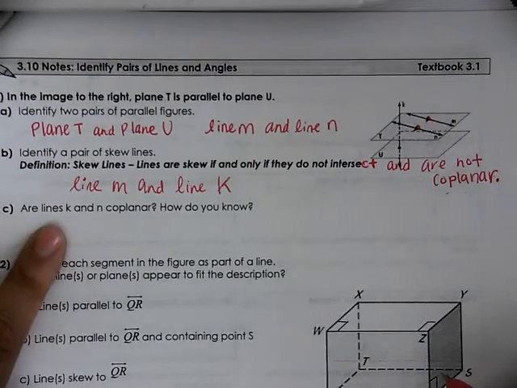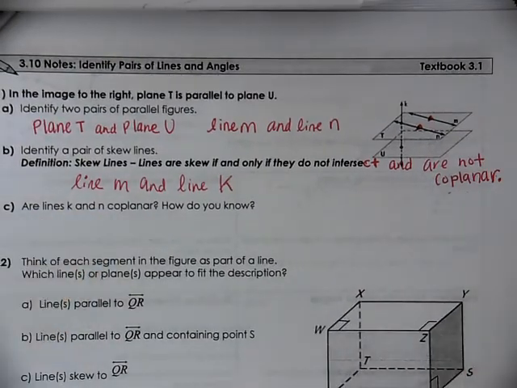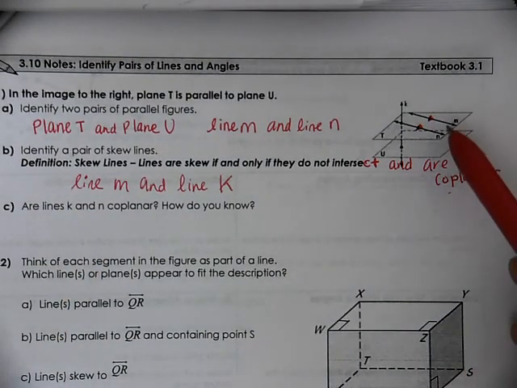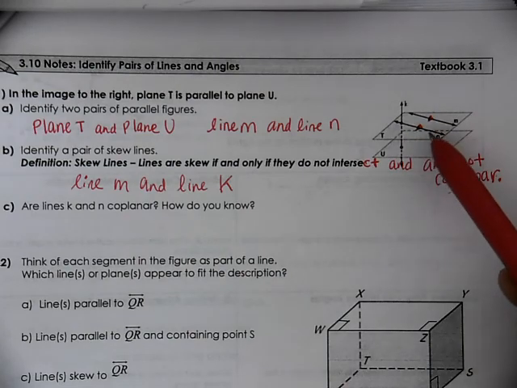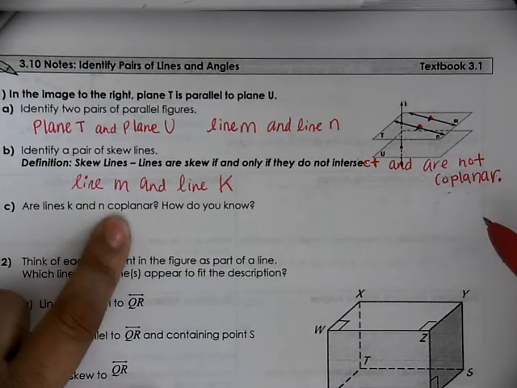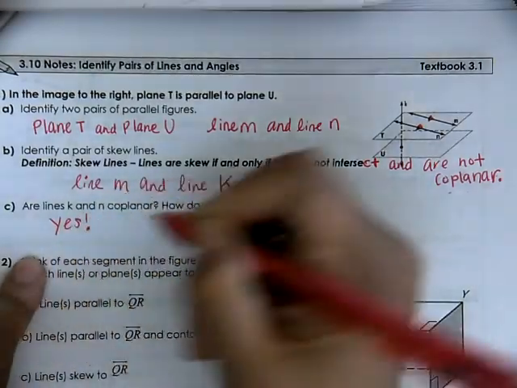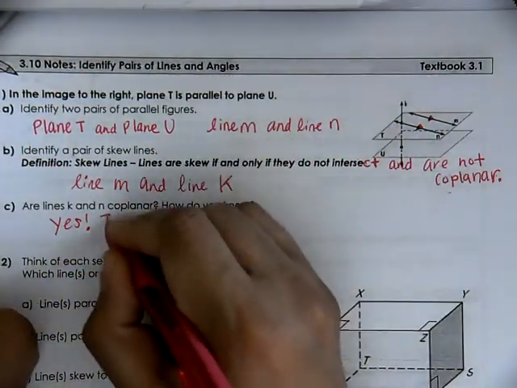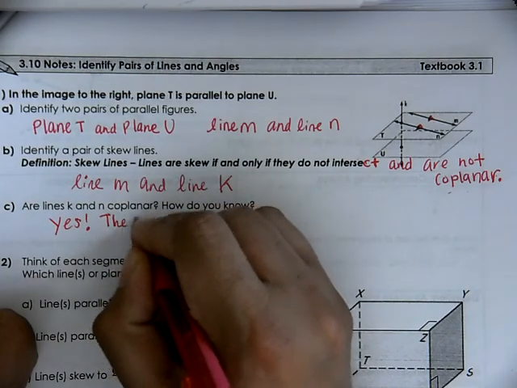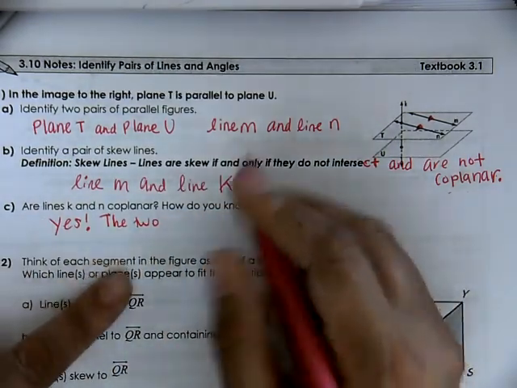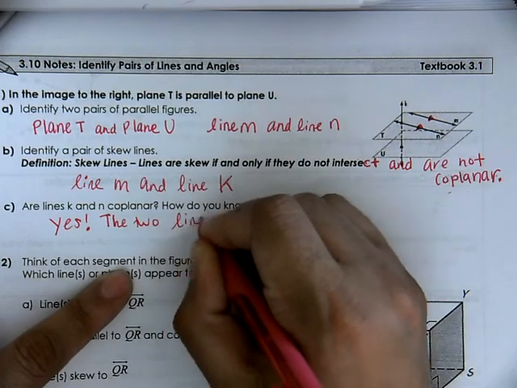Then it goes on to say, what about lines K and N? We want to look for some kind of relationship between those two lines. K and N do intersect. So when it asks, can they be coplanar, the answer is yes. They absolutely can be coplanar when the two lines intersect.